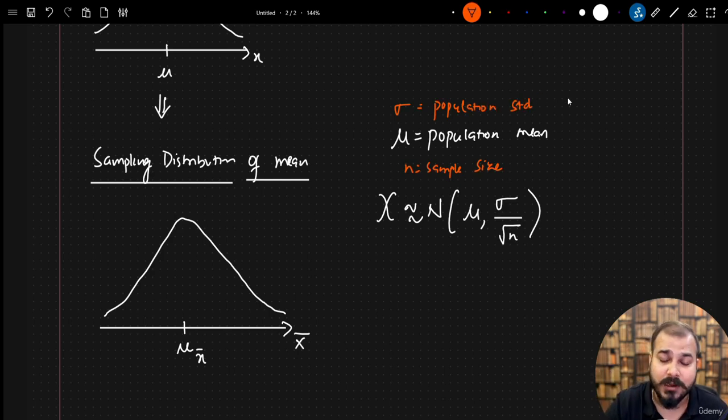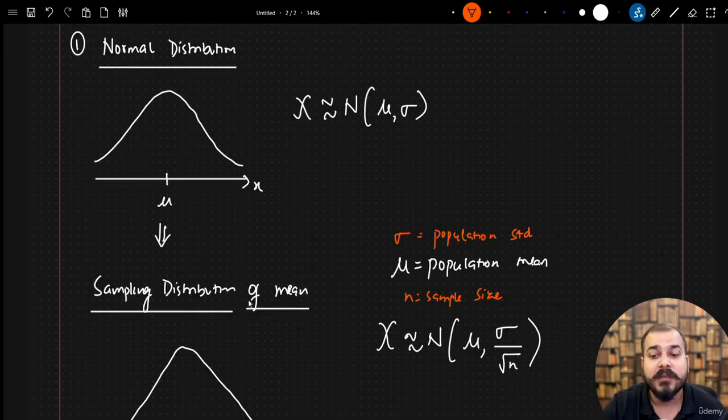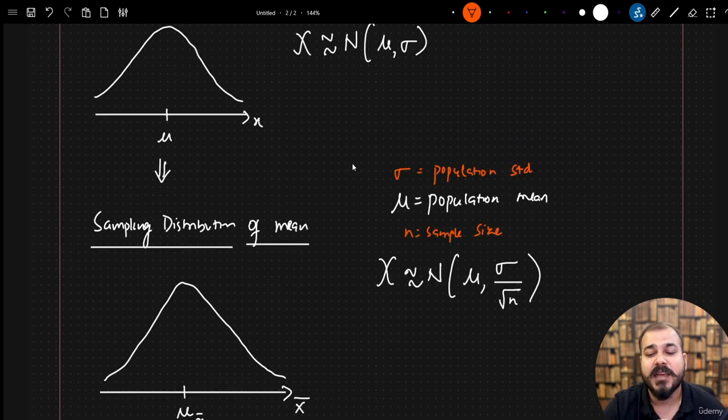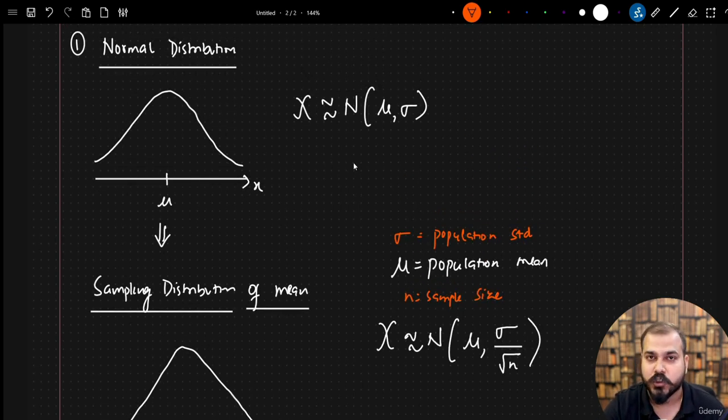So this is what the central limit theorem also says: whenever you pick a sampling distribution of the mean from population data which is normally distributed, the new mean will be approximately equal to the population mean, but your standard deviation will be the population standard deviation divided by root n. These are the specific changes that happen whenever we take a sampling distribution of the mean from normally distributed data.